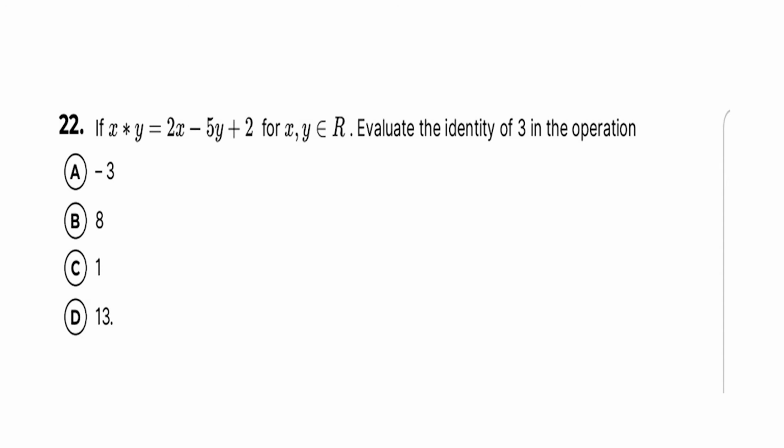22. If x star y, x operating on y, equals 2x minus 5y plus 2, and y is a member of the set of real numbers, we have to find the identity of 3 in the operation.